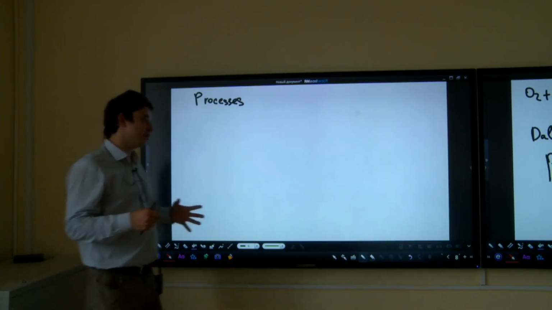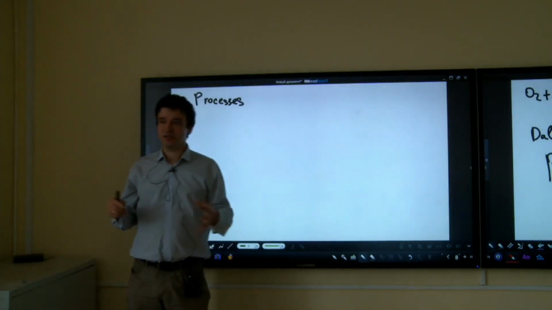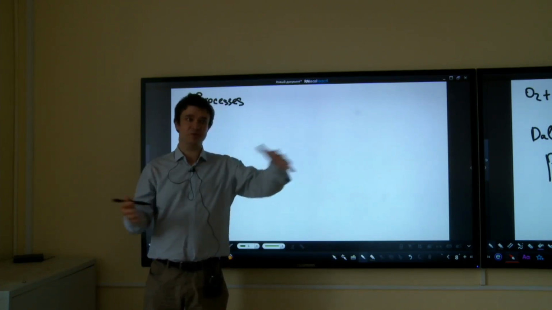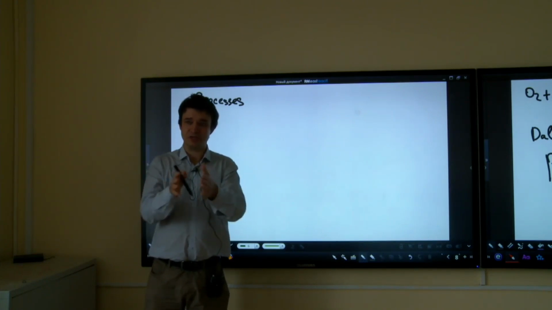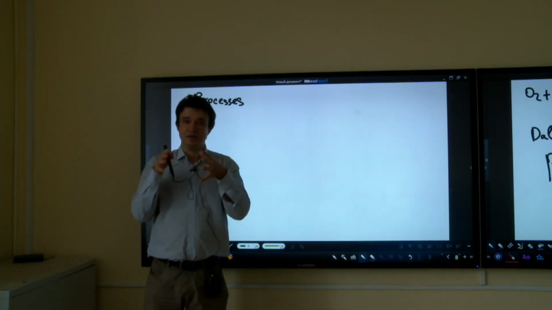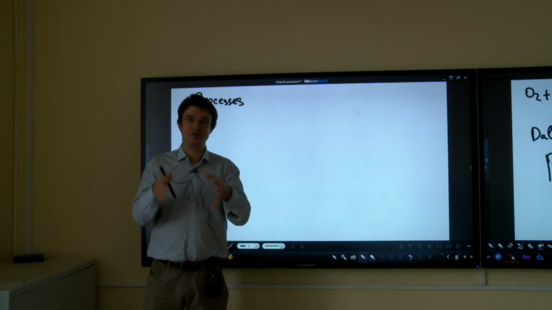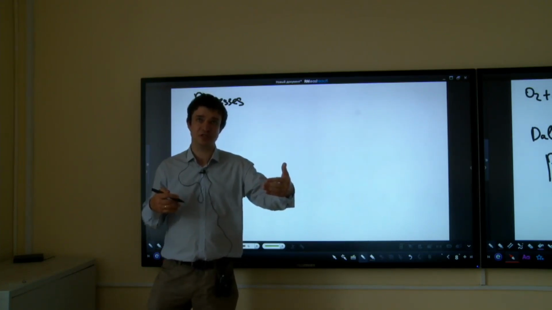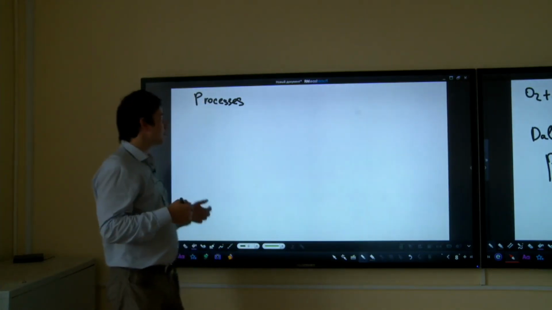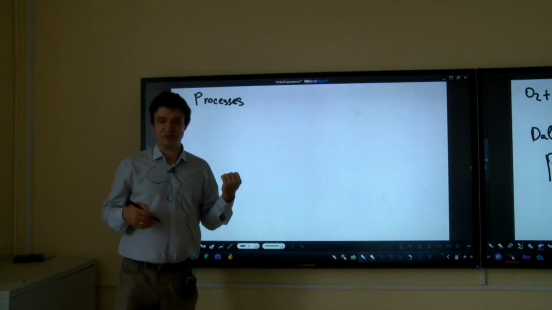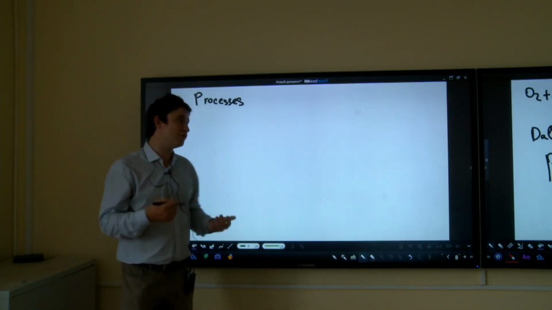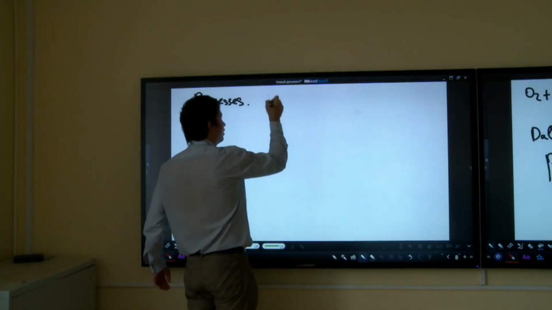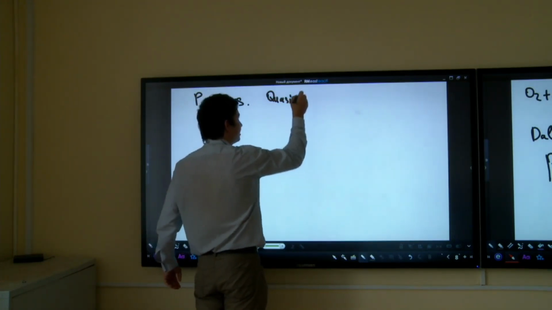That means that while we change these conditions during this process, it becomes difficult to describe processes, so we use additional approximations. One of them is the approximation called quasi-stationary process.